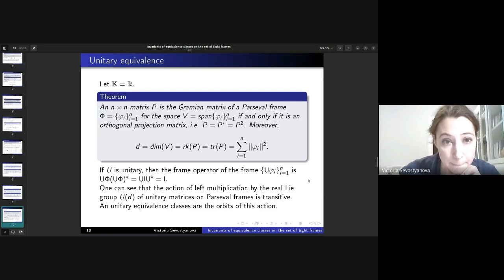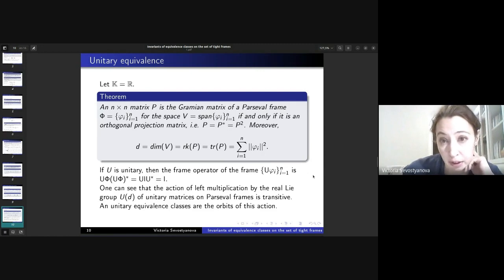Let's consider the real Lie group of unitary matrices with d rows and d columns. Any element of this group acts on Parseval frames by left multiplication. So we have the other frame like that.